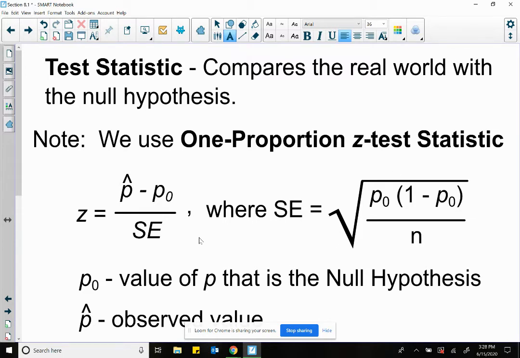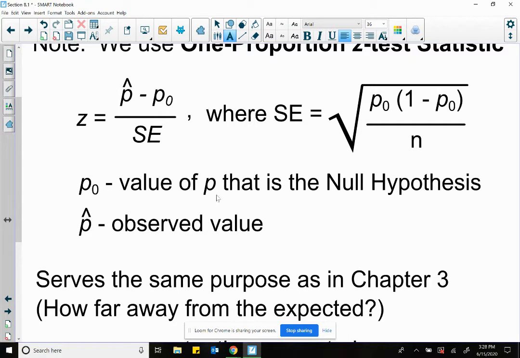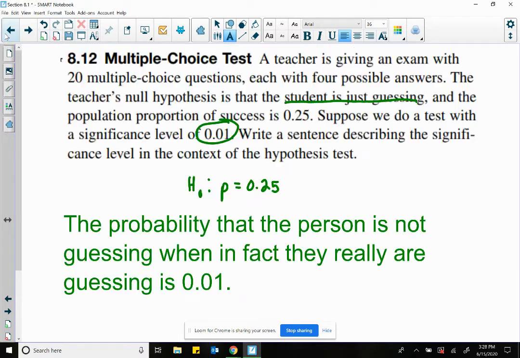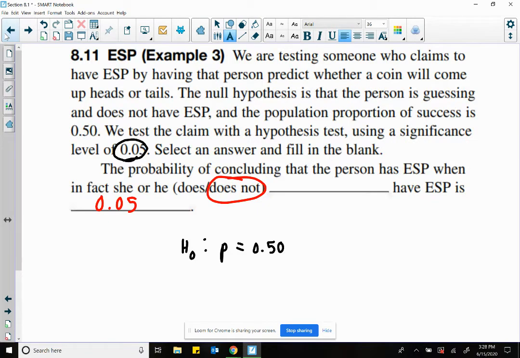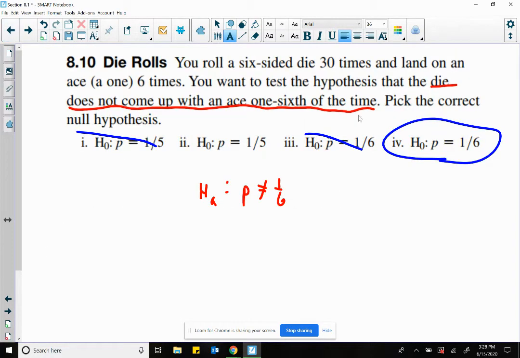Again, p is the value of p in the null hypothesis, it's our population parameter. p hat is our observed value. That's like, if we're going back to those hypotheses right here, taking 6 divided by 30, that's our p hat.